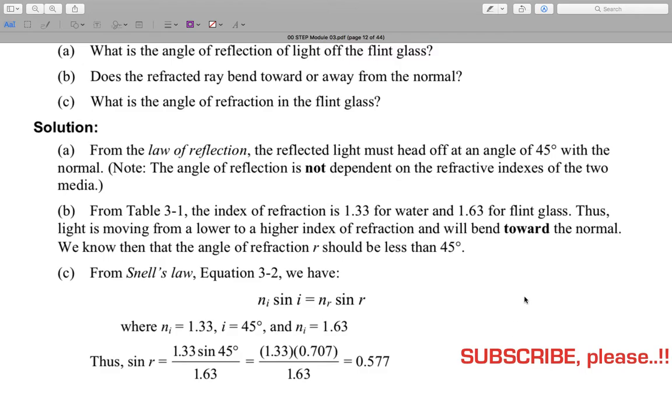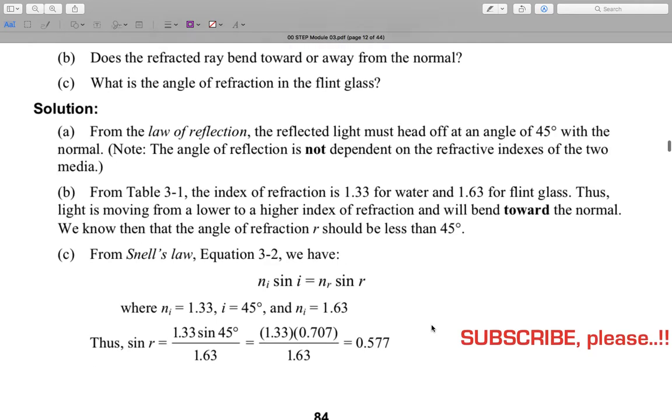From Snell's law, equation 3.2, we have n_i sin i equals n_r sin r. With n_i 1.33, i is 45 degrees and n_r 1.63, we can say sin r equals 1.33 sin 45 divided by 1.63, and we get 0.577. This is sin r.